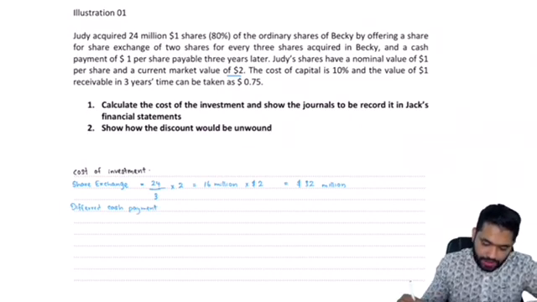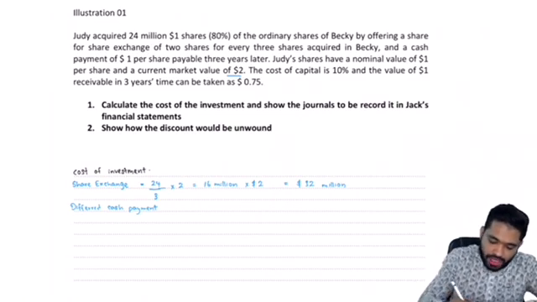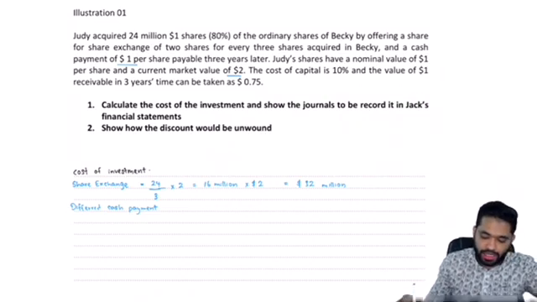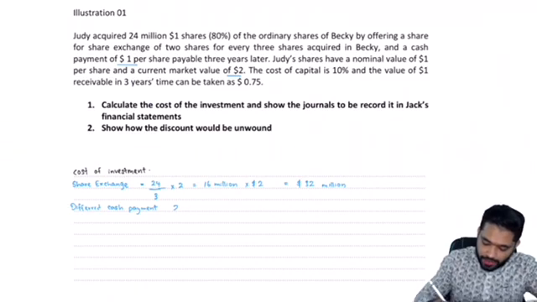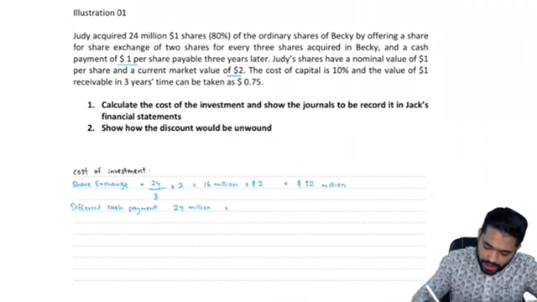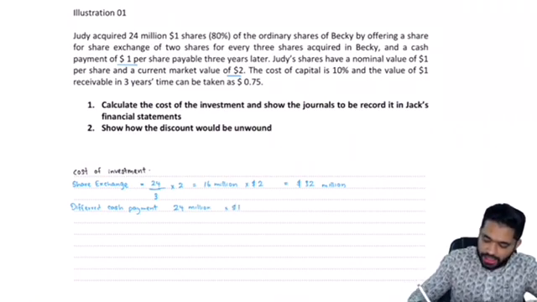And the terms of the payment is that we need to pay $1 per share that is acquired in Becky, right? So we are acquiring 24 million shares. So we need to pay $1 per share, so we have to pay altogether 24 million.